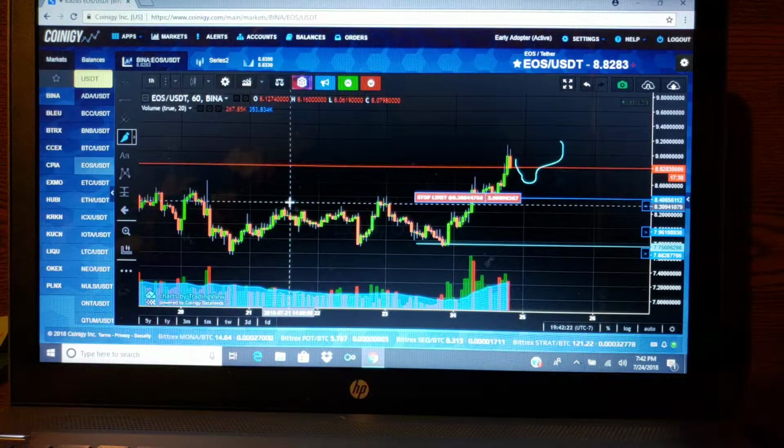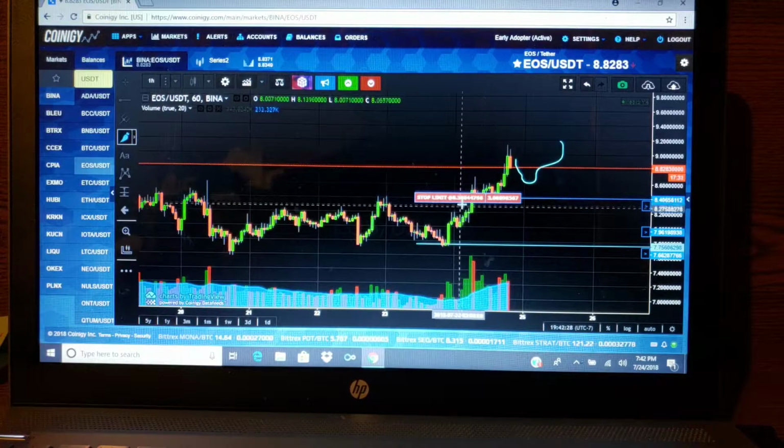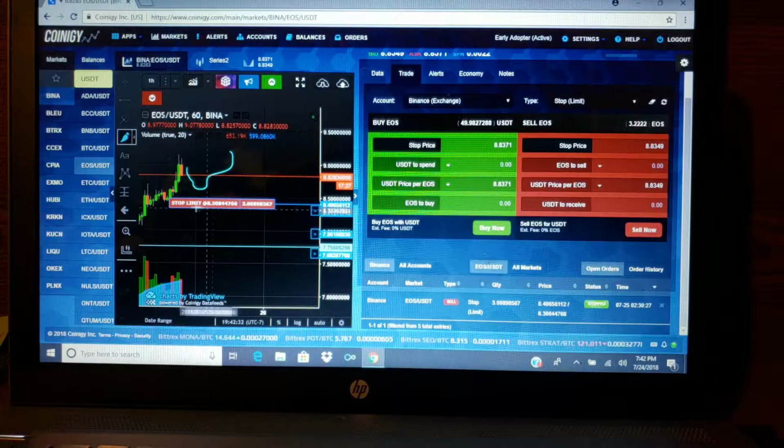There's some apps and some other stuff that have trailing stop losses. So you could just set all this up, a little bit differently. You would actually plug in, you know, what are we on, EOS? So we bought at 775.